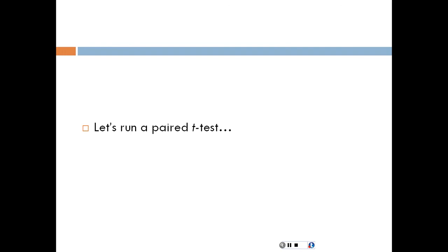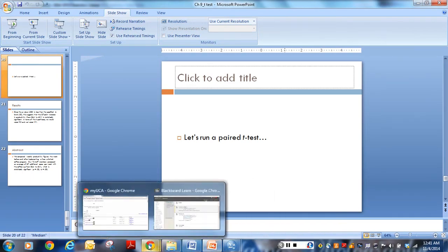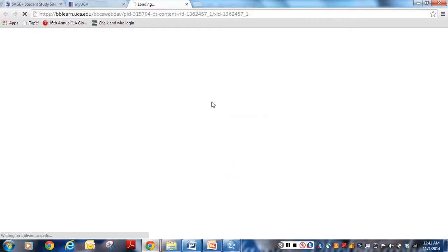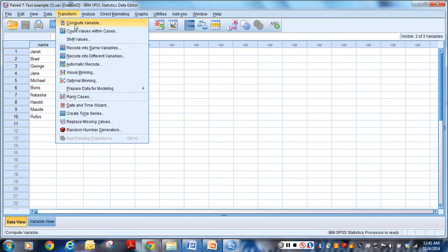So let's run a paired t-test. Go ahead and open up the paired t-test example from SPSS. Alright, so let's create the new variable here. So first let's select Transform and Compute Variable.